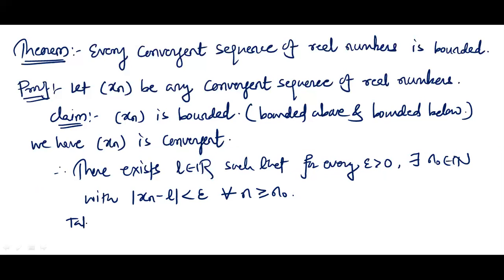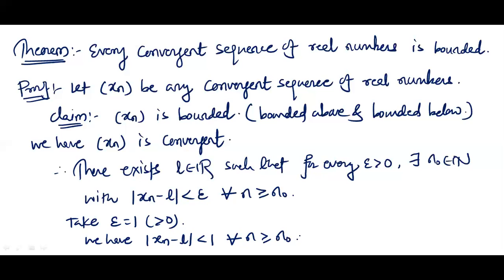Let's fix epsilon. Take epsilon is equal to 1. It is greater than 0. Then we have mod of xn minus L is less than 1 for all n greater equal n naught.